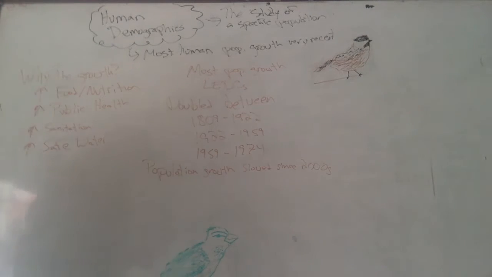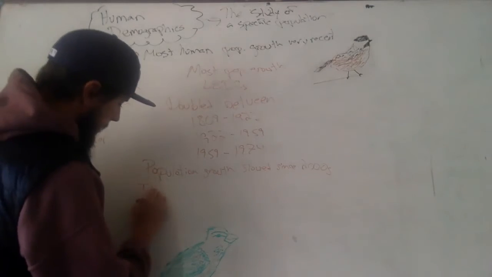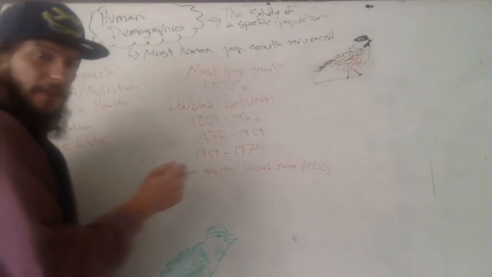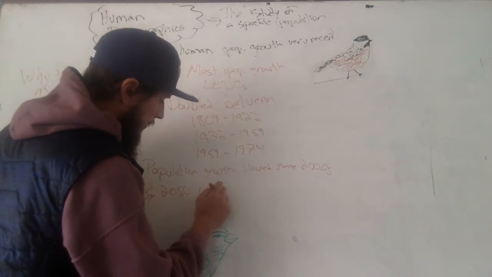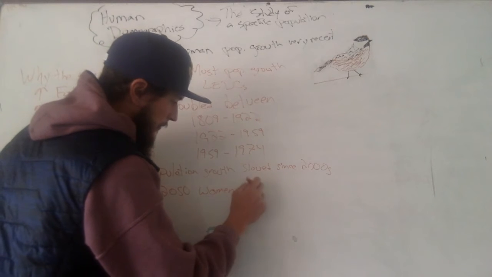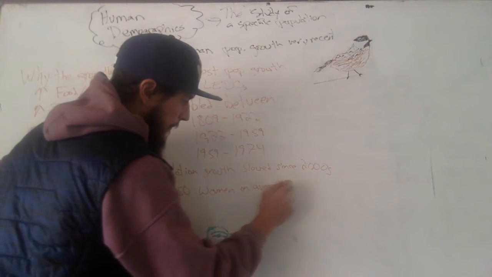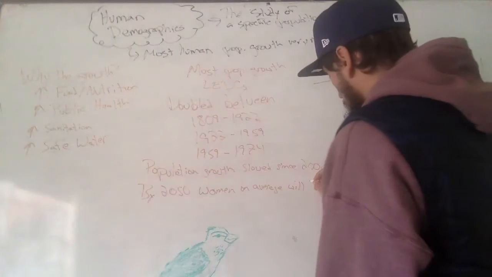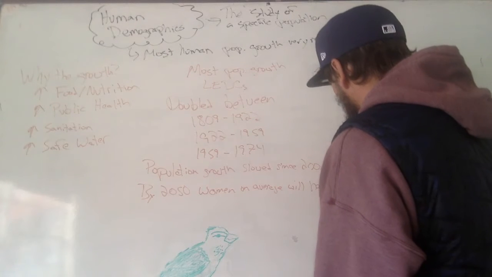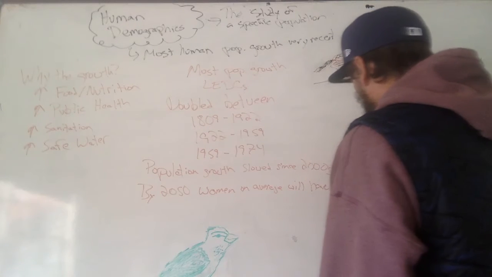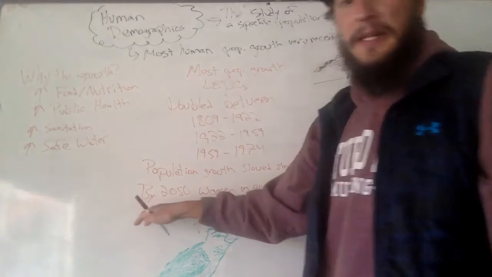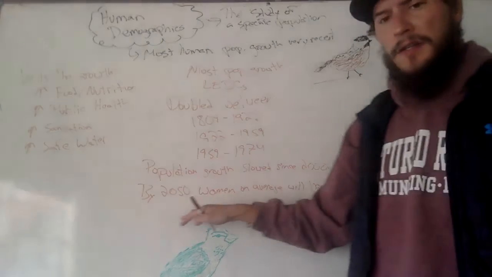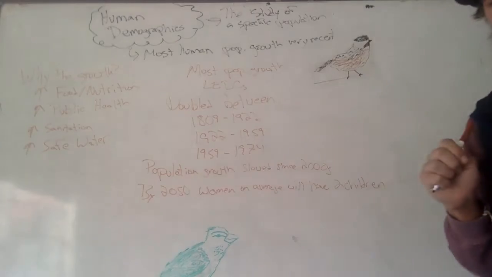And then by 2050, the women on average will have 2 children. And we're actually really close to this number now. I think currently we're at roughly 2.5. So we're super close to this.